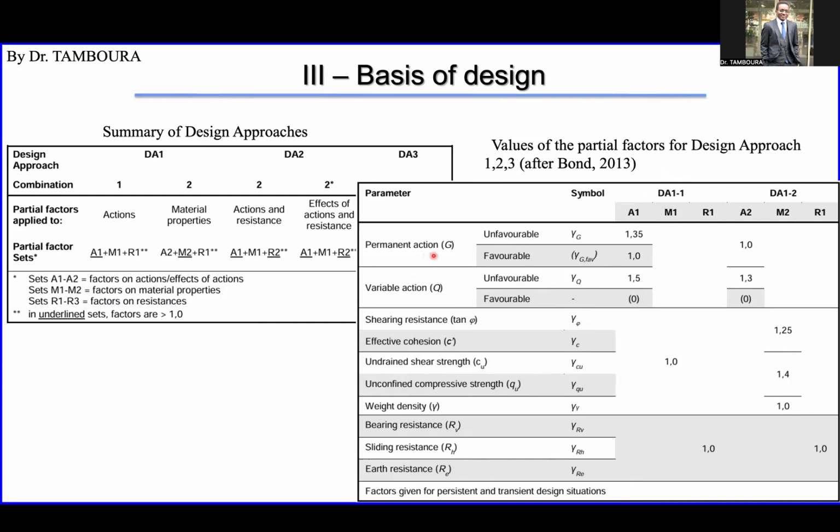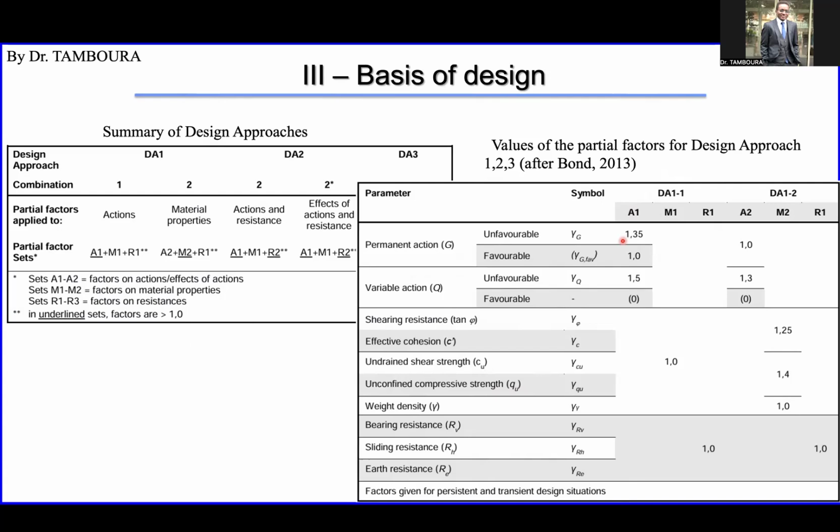But if it is permanent but favorable, then you apply just one. You don't reduce it. Here, actually, you multiply the load by this value, just to increase it. This is standing as a safety factor.